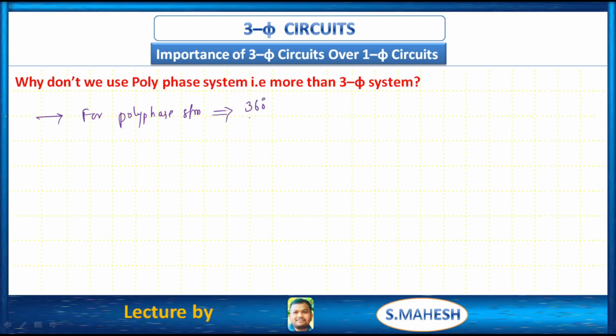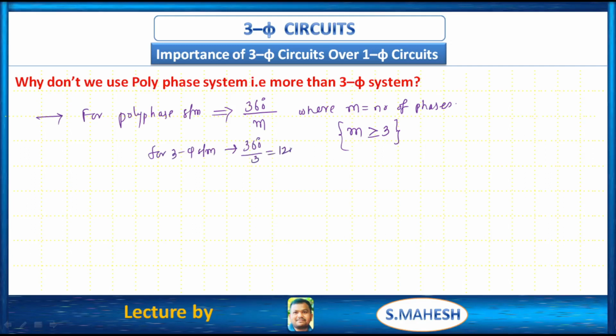We have 360 degrees by M, where M is equal to the number of phases. The range of M should be more than 3. Okay. For a 3 phase system, 360 by 3, which is equal to 120 degrees for each phase.